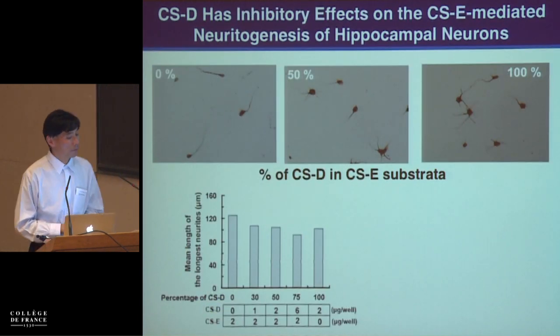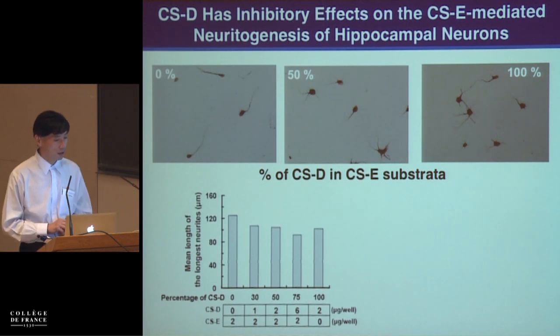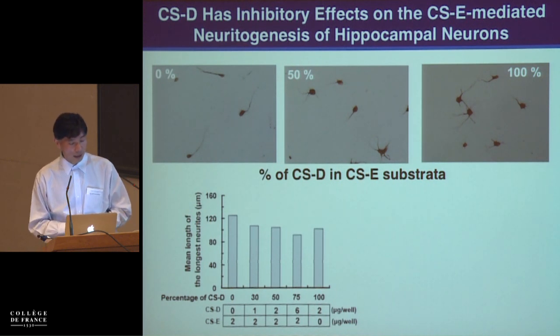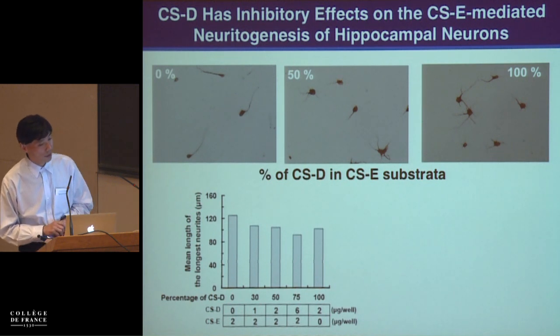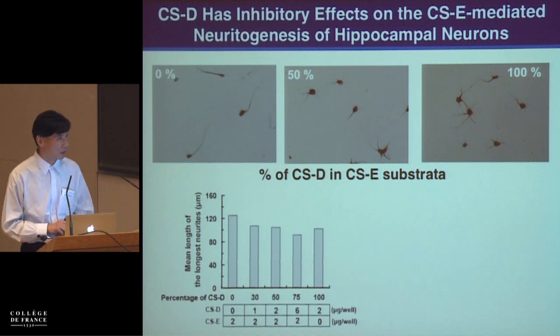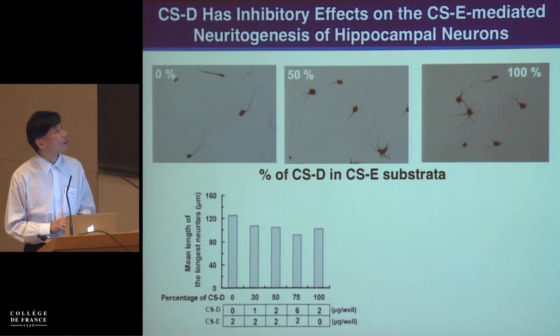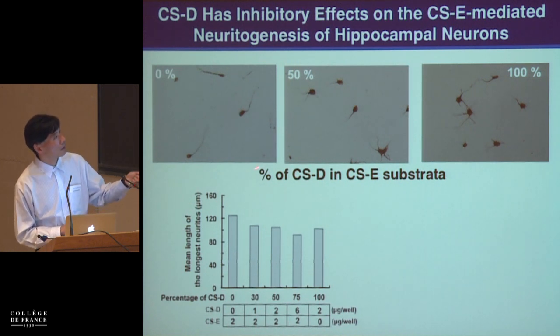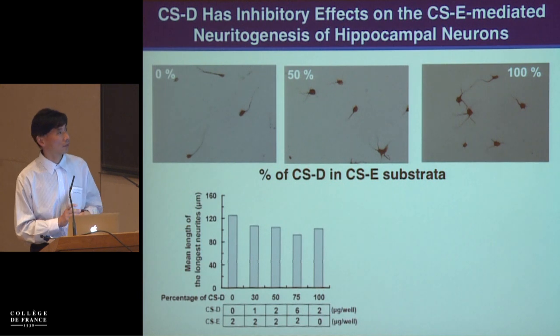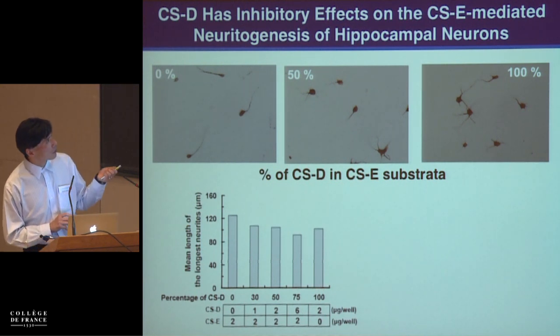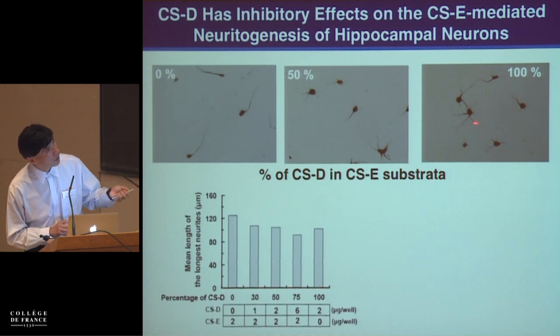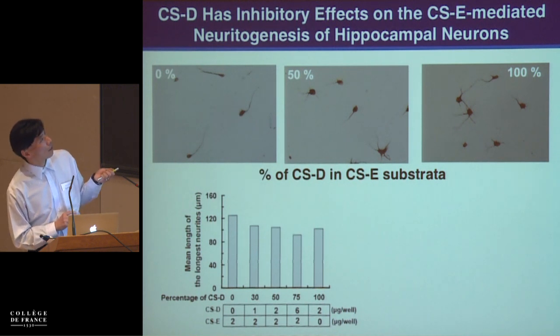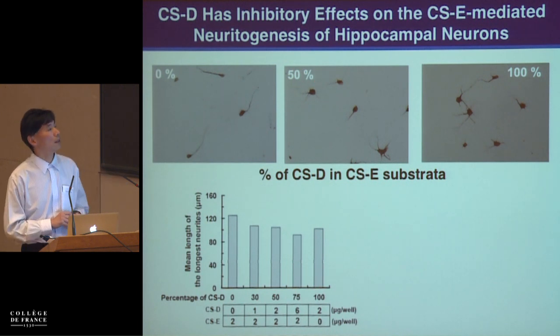So to examine whether chondroitin sulfate D has inhibitory effects on the chondroitin sulfate E-mediated neurogenesis of hippocampal neurons, chondroitin sulfate E-mediated neurogenesis was compared in the presence of varying amounts of chondroitin sulfate D. As shown in this slide, elongation of the prominent long neurite was gradually inhibited as the concentration of chondroitin sulfate D was increased.